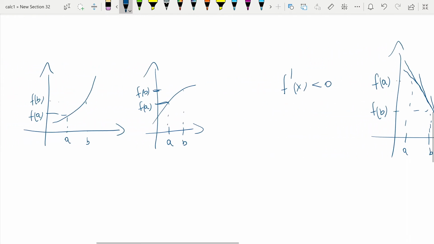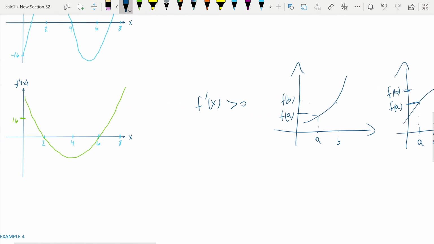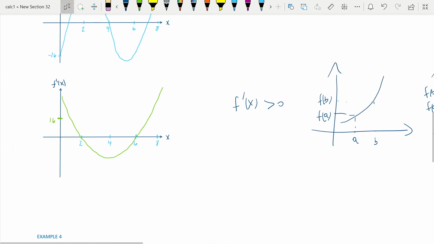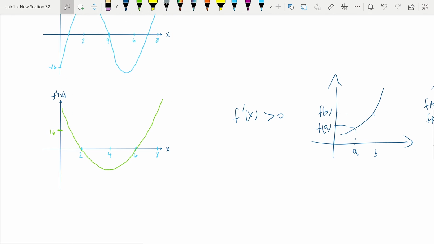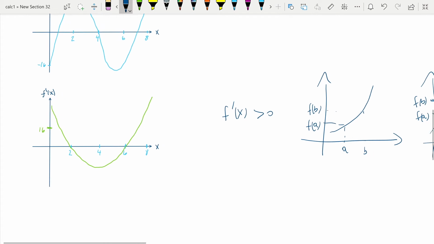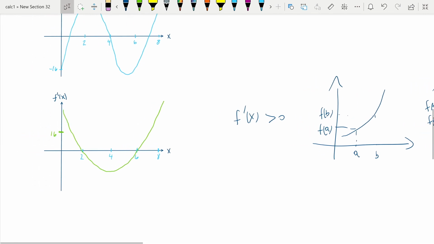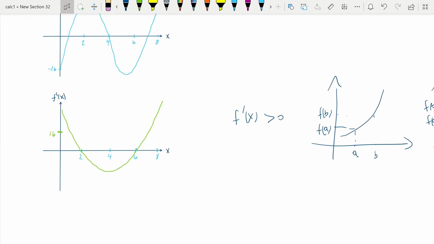So if you know the sign of f prime, it will tell you something about the behavior of f. For instance, in this case, knowing that f prime here is positive for values of x less than 2, that means that for values of x below 2, the function is going up.